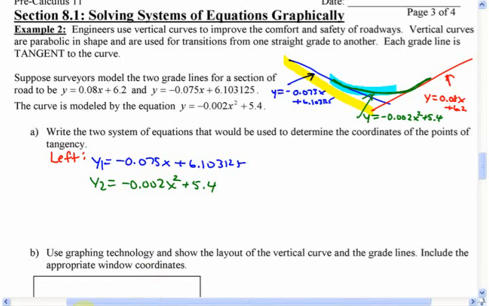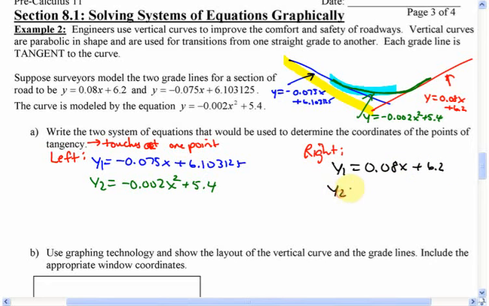That's the point on the left. To find the coordinates of the tangent point on the right, oh, by the way, tangent just means touches at one point. Hopefully that's a quick review. Well, in this case, I'd probably make y1 the line in red and y2 the parabola.